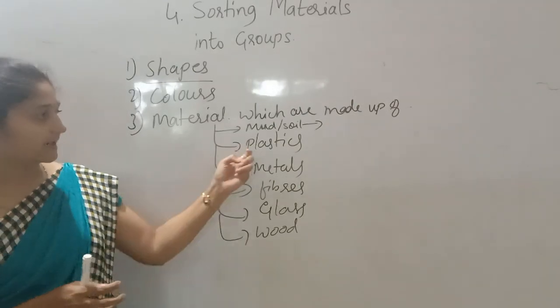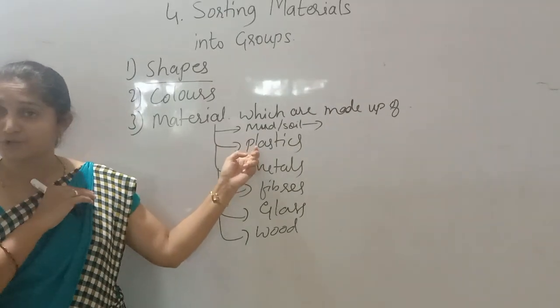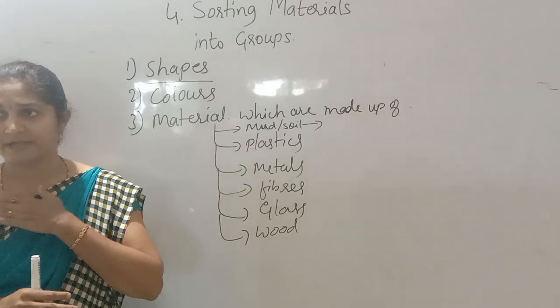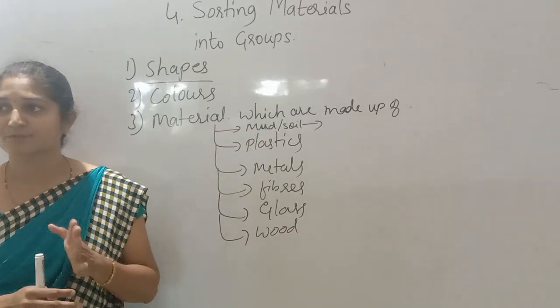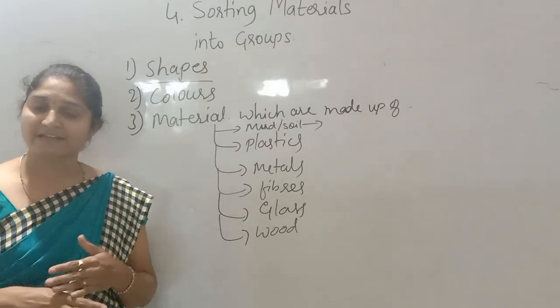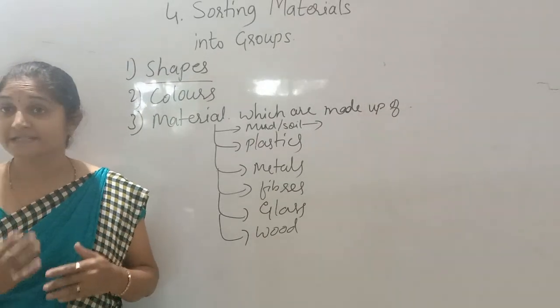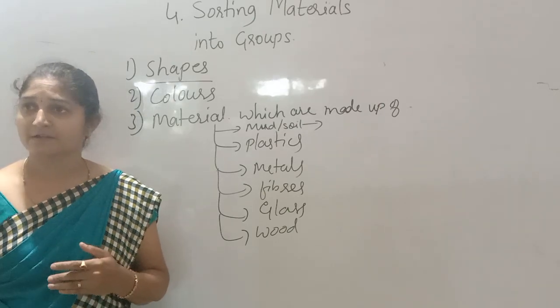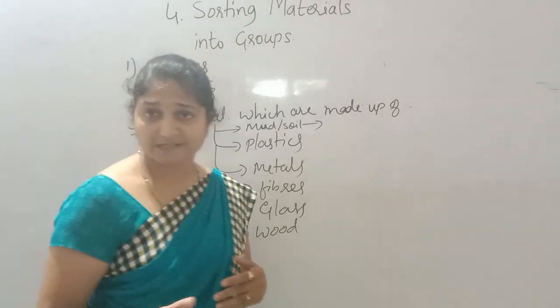Earthen pots and plastic. Nowadays we are using too much plastic containers. Every day plastic is part of our lifestyle, we are addicted to plastic. We know those are Tupperwares.